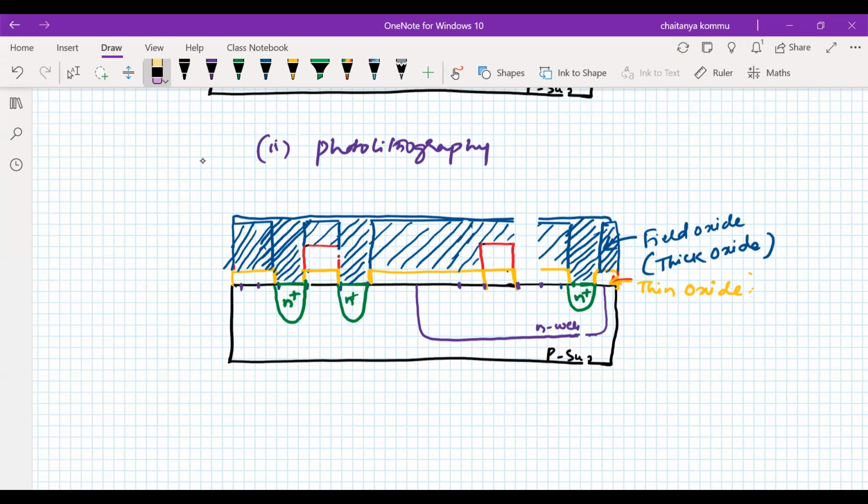This portion also gets removed, and a certain portion of this one must also be removed. Now this is how we open the windows on the base silicon for the required places. We have opened the windows for the required portions.